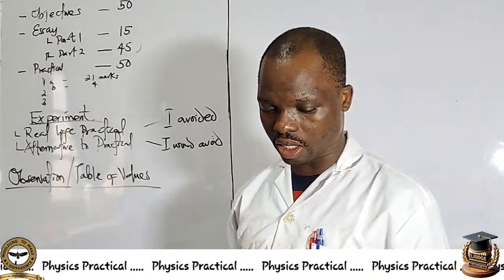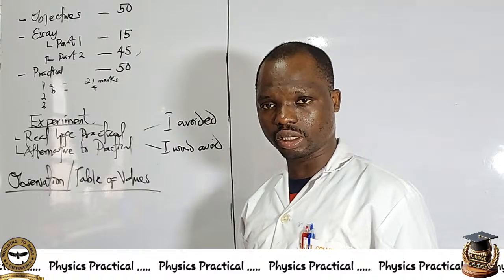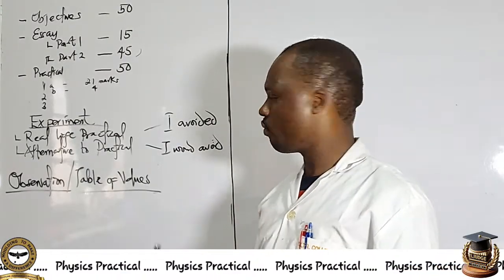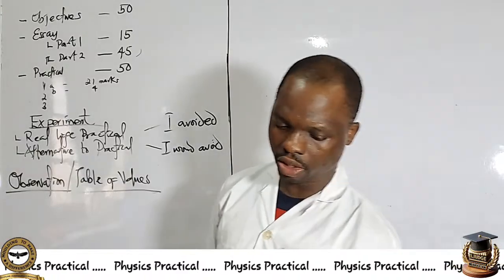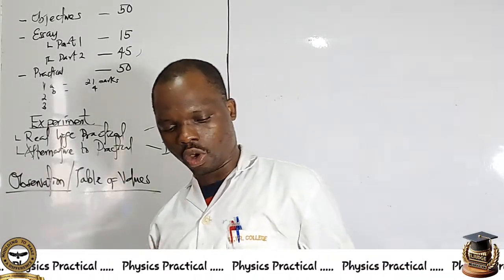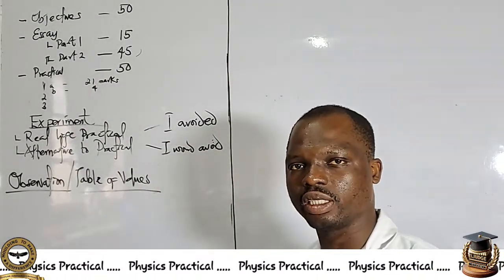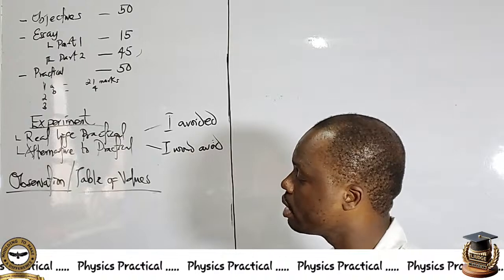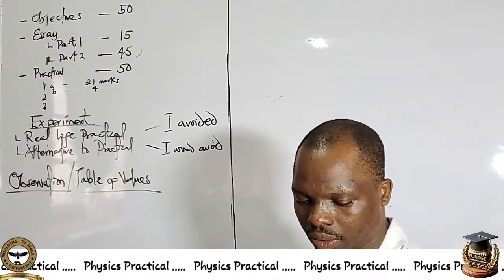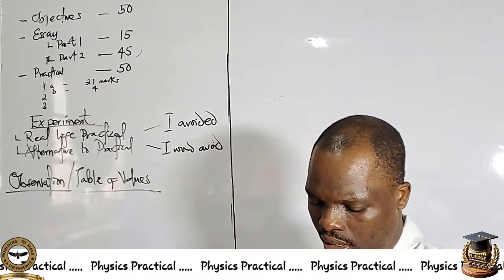The examiner is not there, but from your table of values, he is able to detect whether you understand what you have done, whether you have performed the experiment or not. So he is going to be judging the student based on the data or readings that you have given to him. One of the things you also have to note is consistent data.